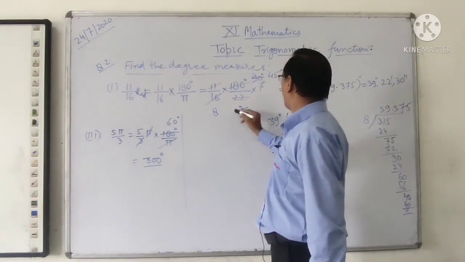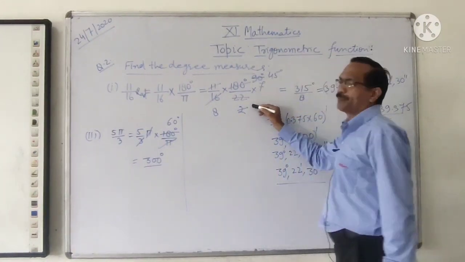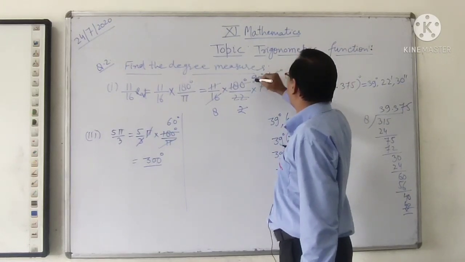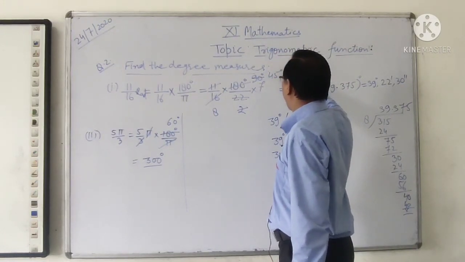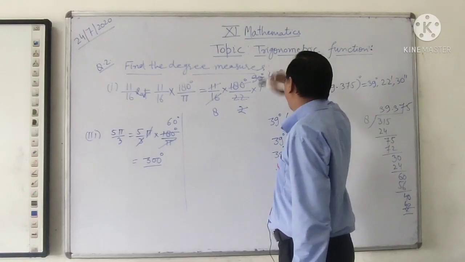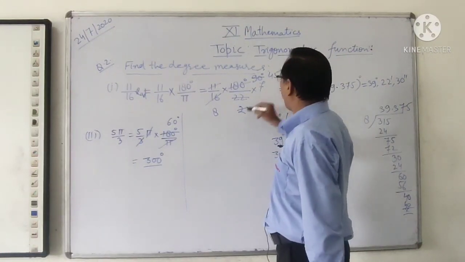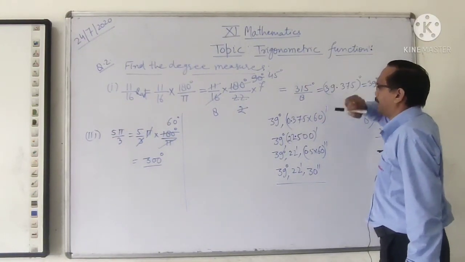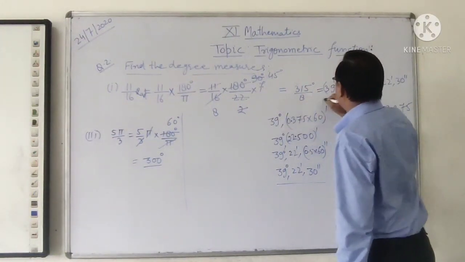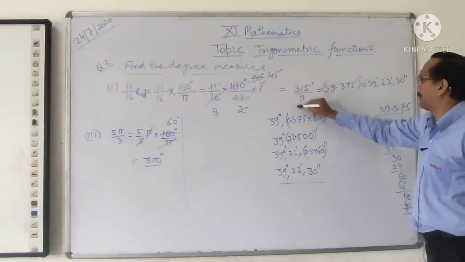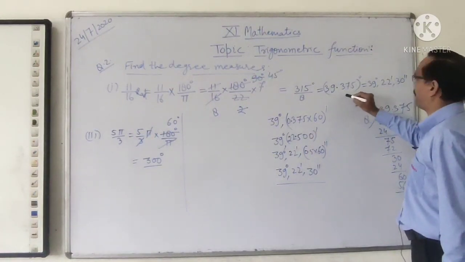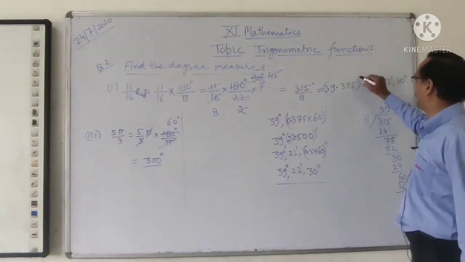Again by 2. 2 11 is 22, and 2 4 is 8, 2 5 is 10. So it is 45 degree. Now 45 into 7 is 315 degree divided by 8. Then we divide this number by 8. So we will get 39.375 degree.